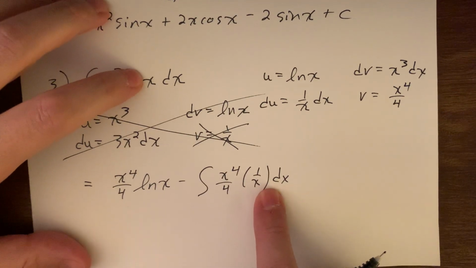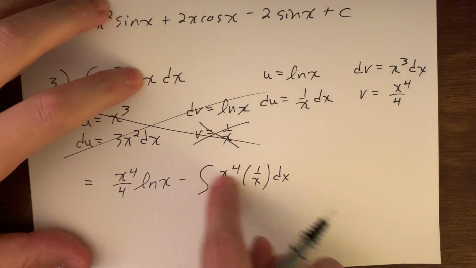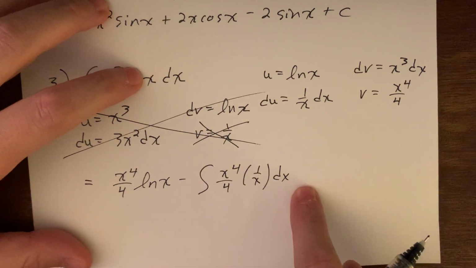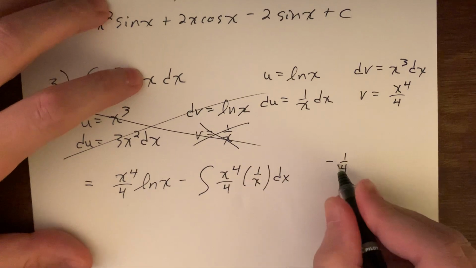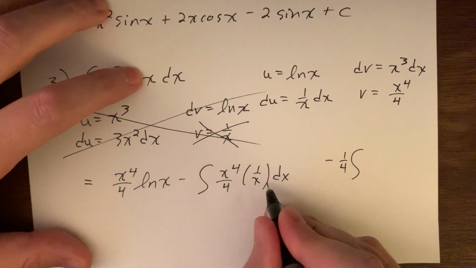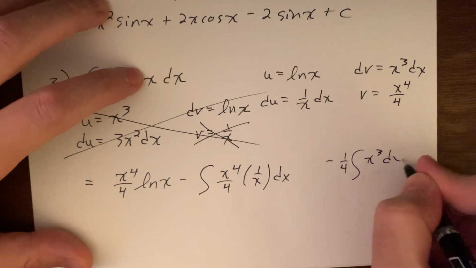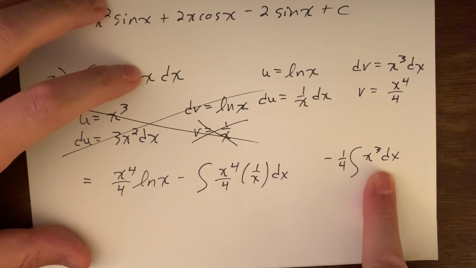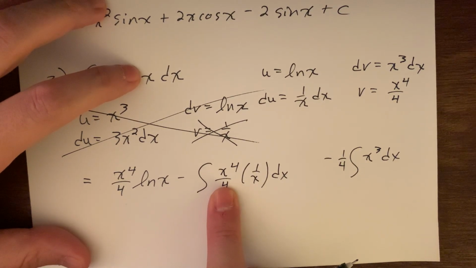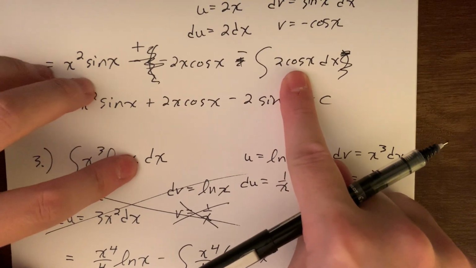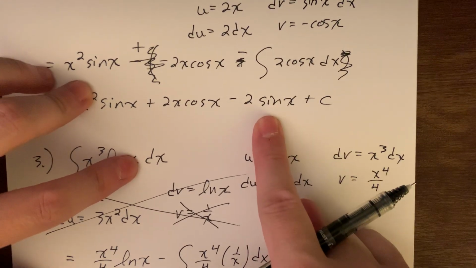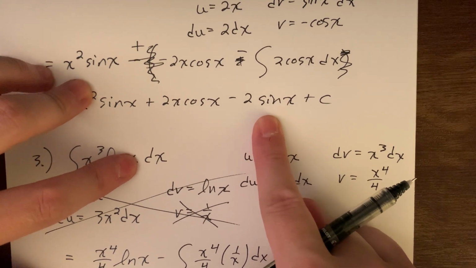This may look ugly at a quick moment, but realize we could cancel an x. I'll just do this off on the side here. I'm going to kick the 4 out in front as a 1/4. The x to the 4th over x is an x cubed. So this, it may not have been quite as nice as, say, this integral, where it was just literally a simple function with a known antiderivative and we were done with everything.